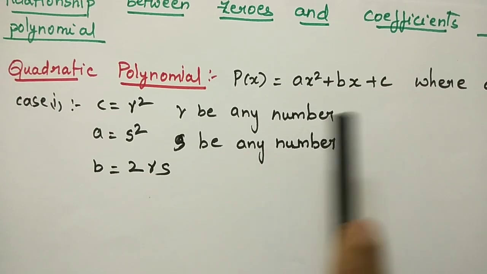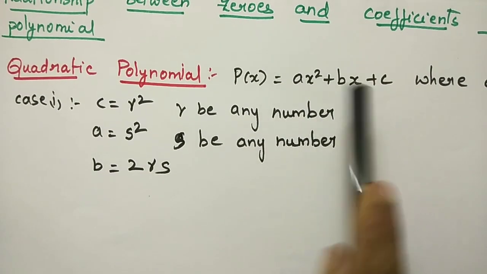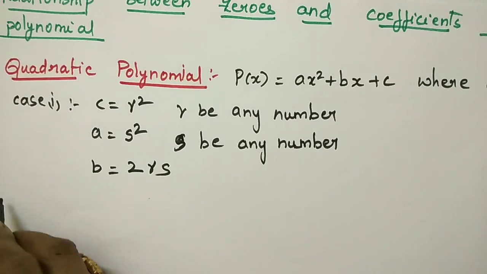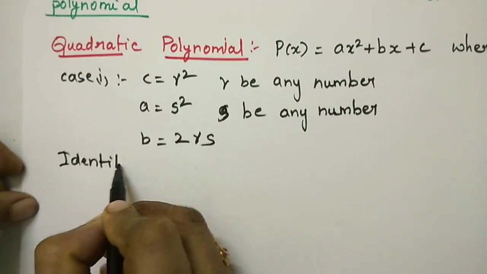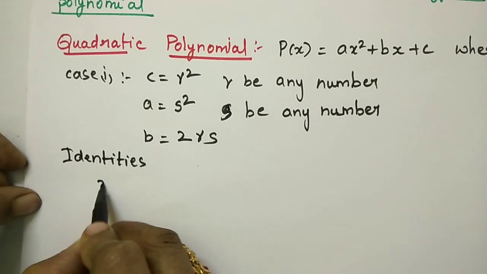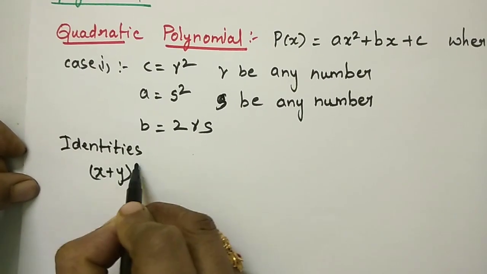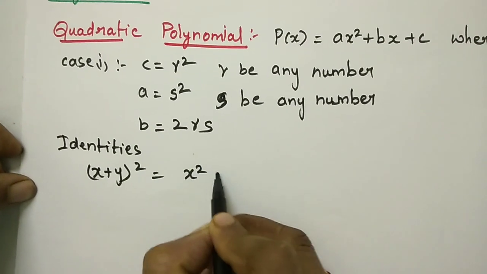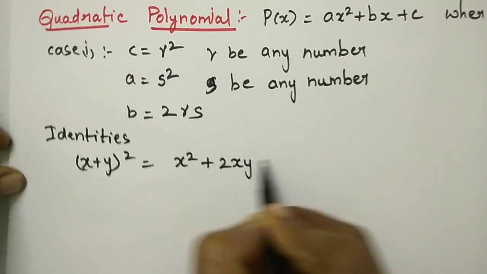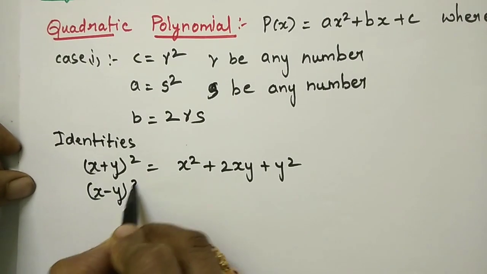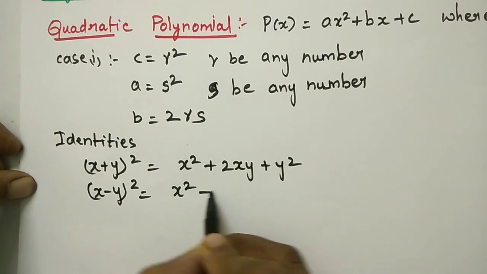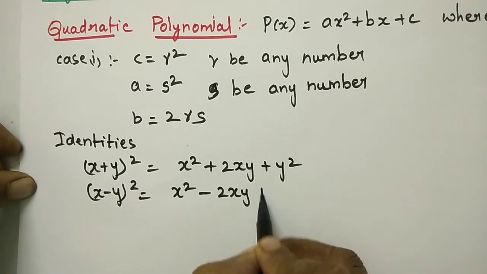Then we can find the factors of this algebraic expression easily by using the identities. x plus y whole square is equal to x square plus 2xy plus y square. x minus y whole square is equal to x square minus 2xy plus y square.